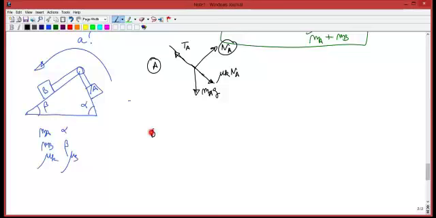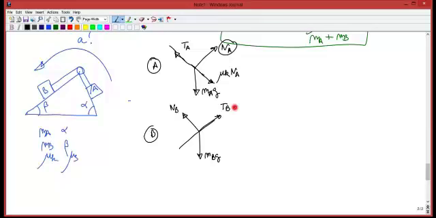B. Again, weight. Normal force. Let's call this NB. Tension, TB. And then friction. B is coming down. Therefore, we still deal with Fk, and Fk is opposite the direction of motion.